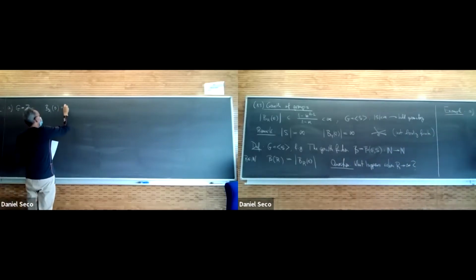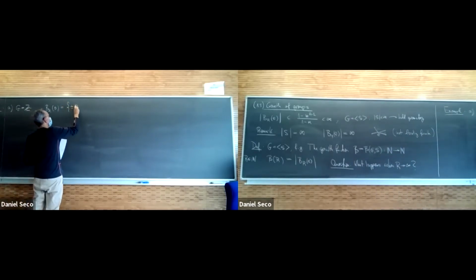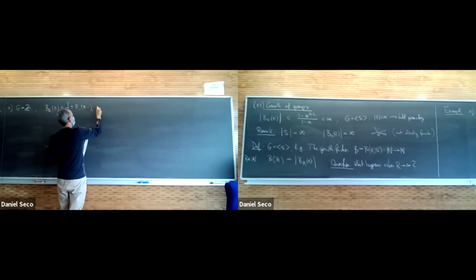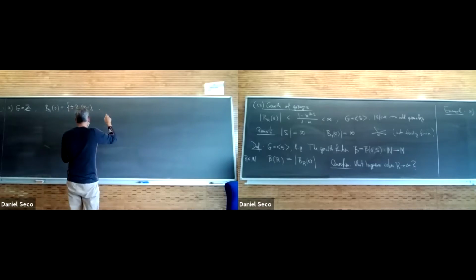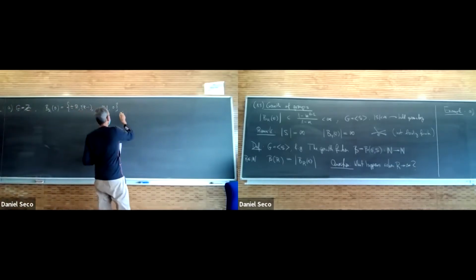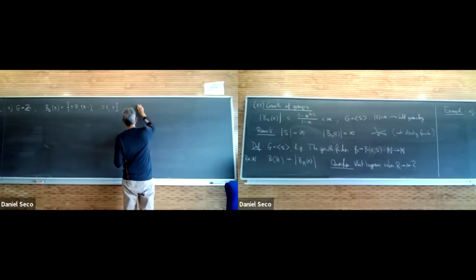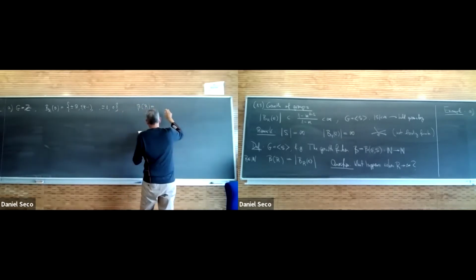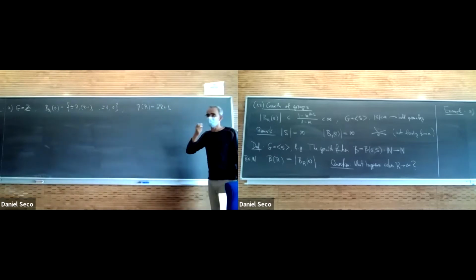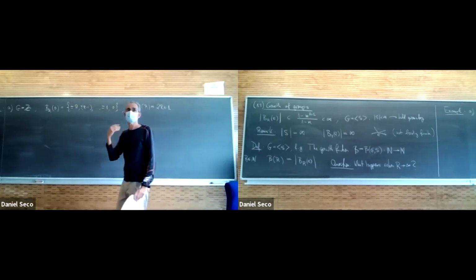And that's just an interval. So the cardinality, the growth function in this case, beta of r, is equal to 2r plus 1. So it's a polynomial of degree 1 in r. So the variable is r.